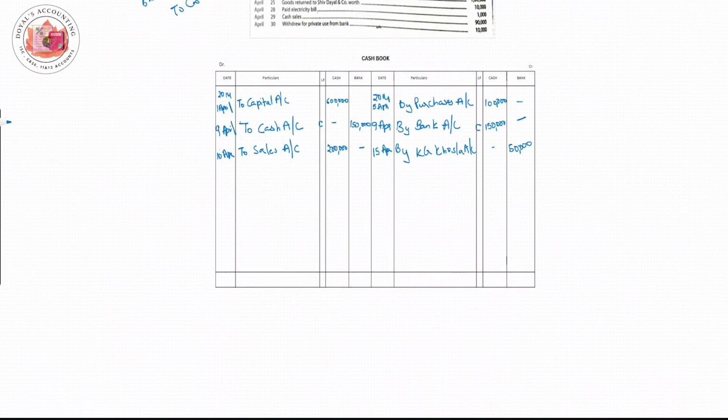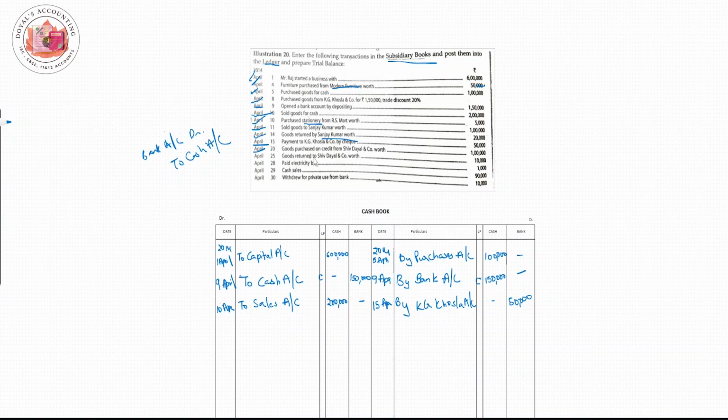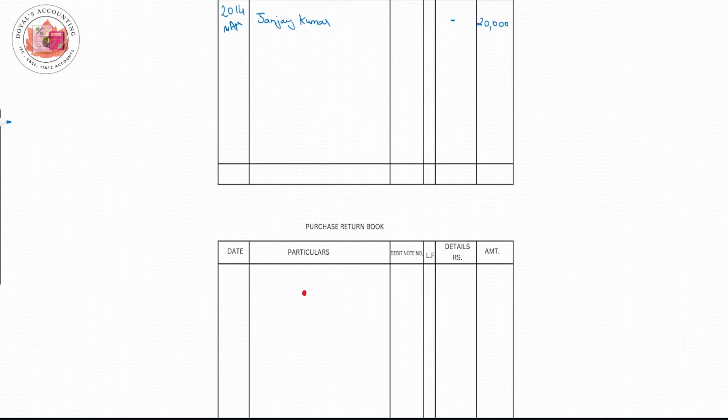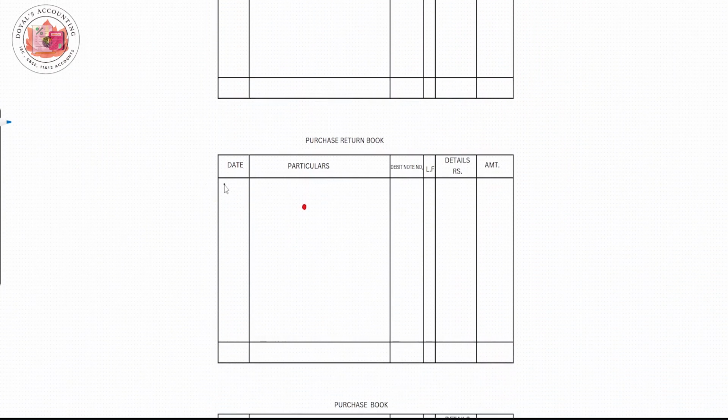Let us see the next transaction. Goods returned to Shiv Dayal and Company worth 10,000. Okay, so this is my purchase returns. So purchase returns, I will record it in my purchase return book. 2014, 25th April, Shiv Dayal and Co. rupees 10,000.